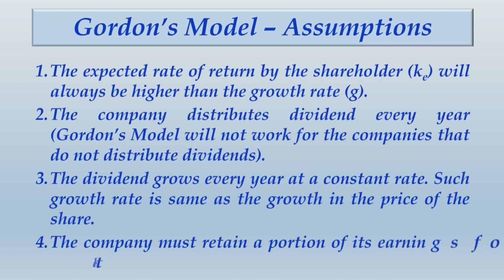Fourth and last, the company must retain a portion of its earnings for the purpose of growth. Friends, you need not write these assumptions; they are given in your textbook already. So let us move ahead and start solving questions.